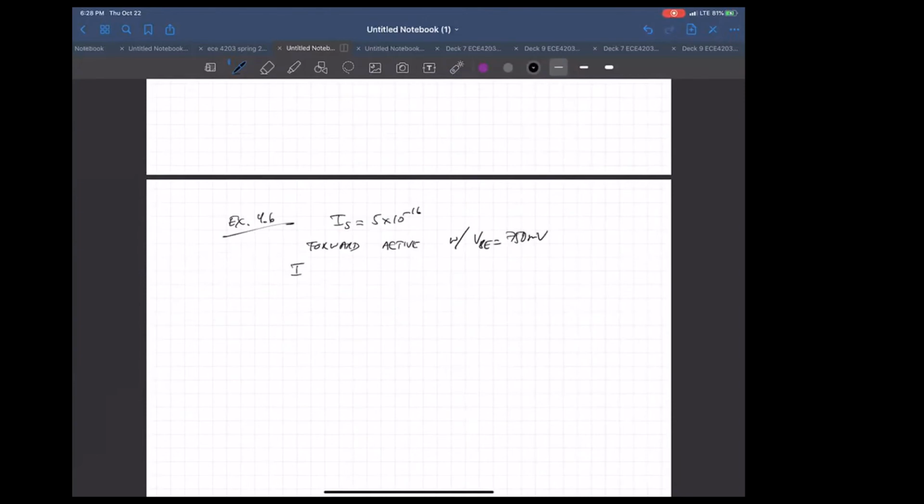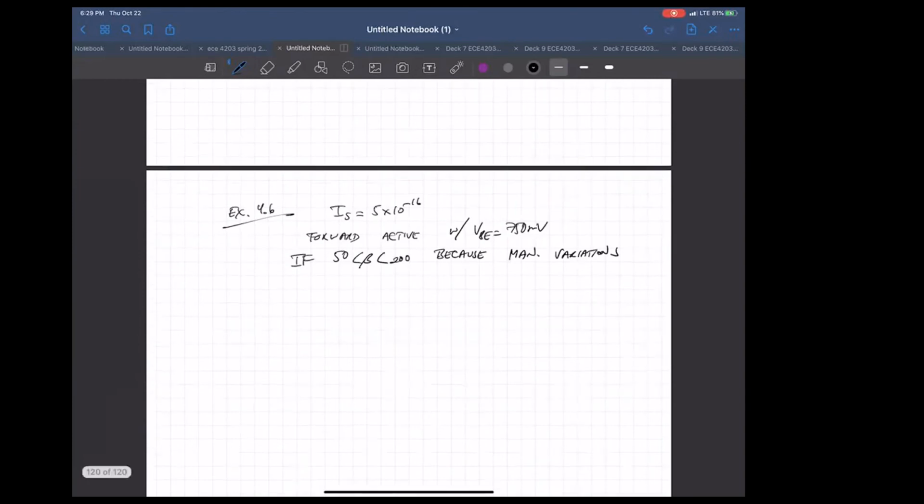If beta is between 50 and 200 because of manufacturing variation. That's a lot of variation, but what the heck?